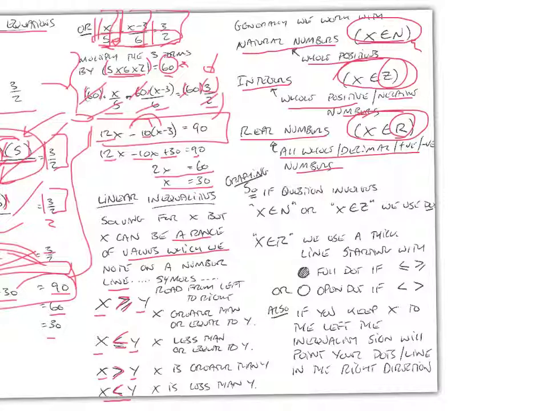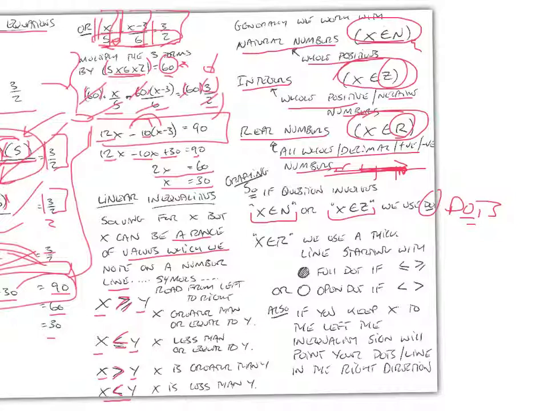When we go to graph this on the number line, we'll be describing the range on the number line one way or the other. We'll come to it when we do it by example. The question will say that x is a natural number or x is an integer. If it says that, we're going to use dots. Bear with me, I'll explain dots in a while.